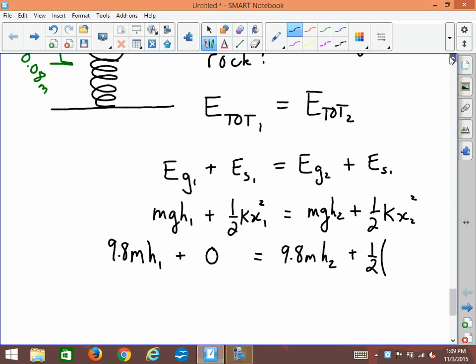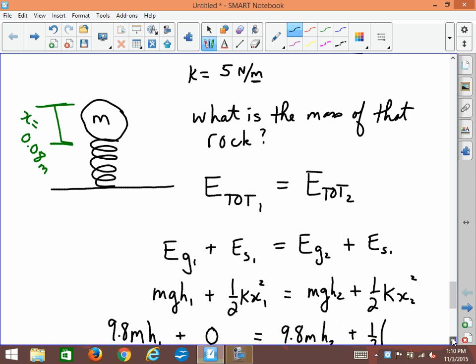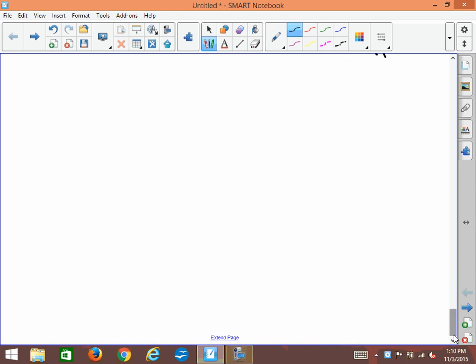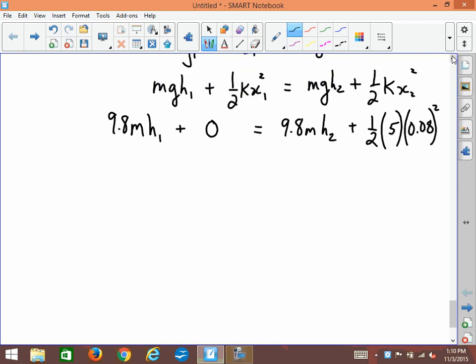Well, k we said was 5, and x is 0.08. Okay, so we can put 5 for the k and 0.08 squared, don't forget to square it, for the x.